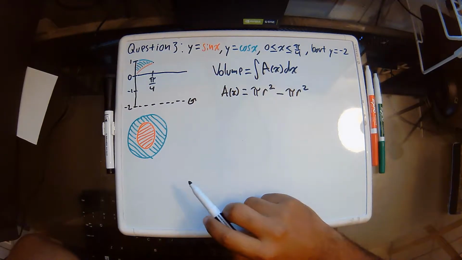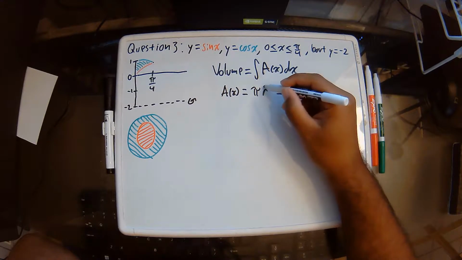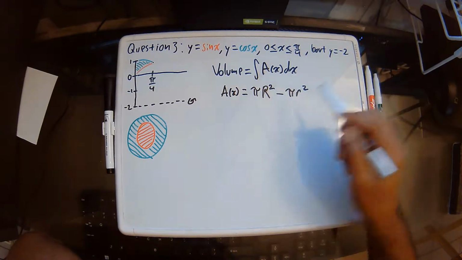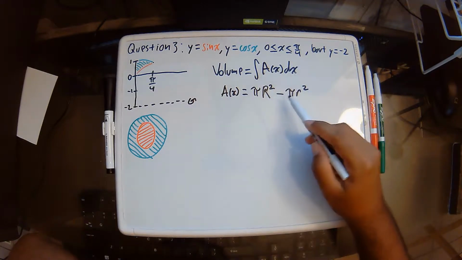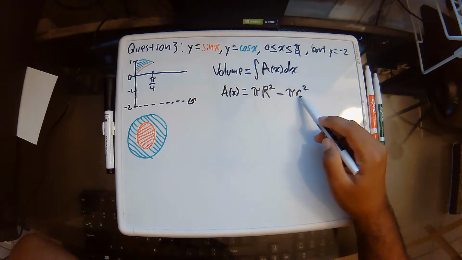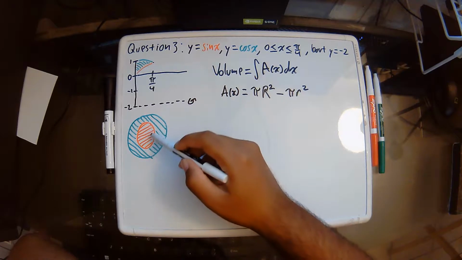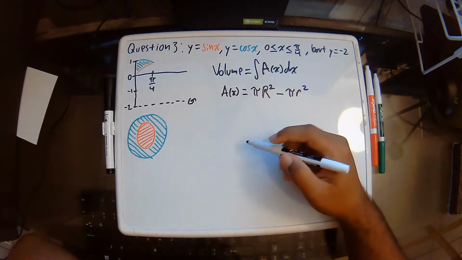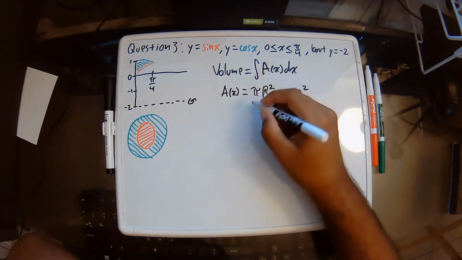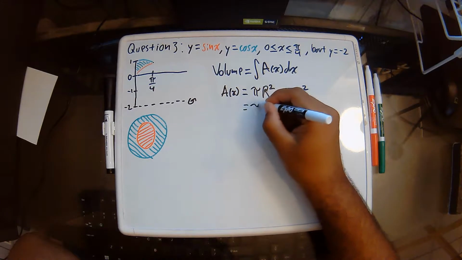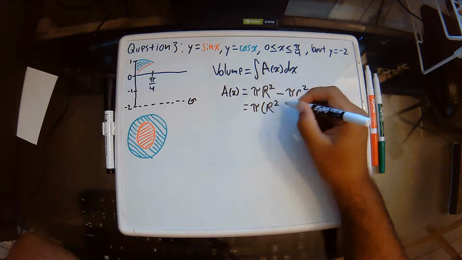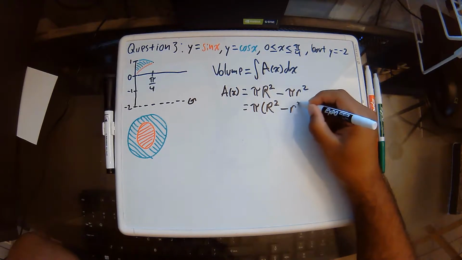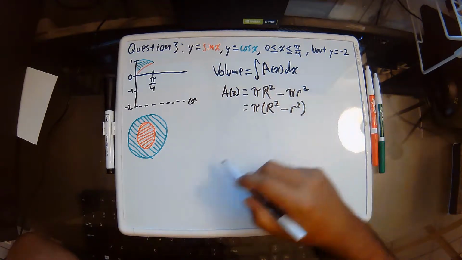I'm going to make this one a capital R so that we can tell that this one is the outer radius, this green, subtracted by the smaller radius, which is this red area. So let me pull out this pi, capital R squared minus r squared, the radius.